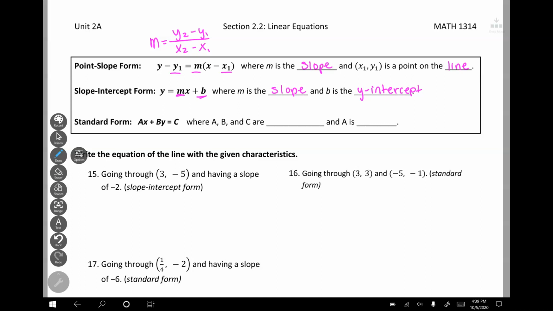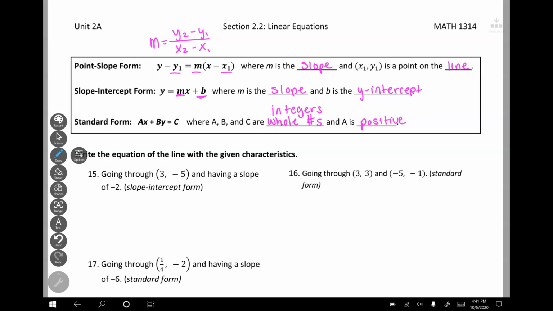And then finally we have standard form. Standard form is ax plus by equals c, where a, b, and c are whole numbers, or you could say integers, and a is positive.